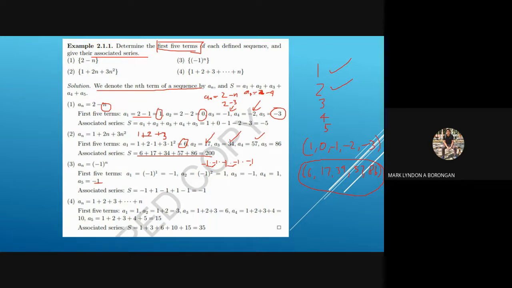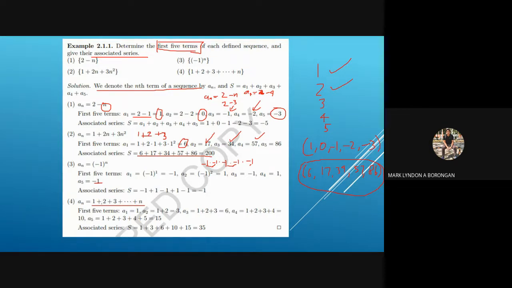Next, for number 4, the first 5 terms: a sub 1 is equal to 1, a sub 2 is equal to 1 plus 2 is equal to 3. We are looking for the first 5 terms, so obviously they are 1, 2, 3, 4, 5.